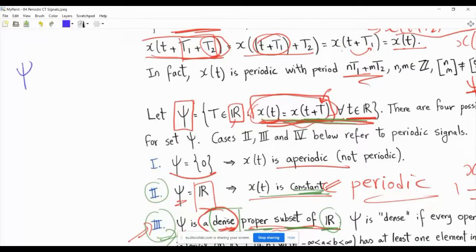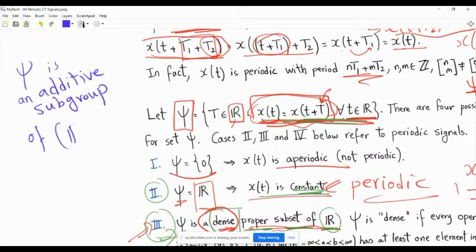The set psi is an additive subgroup of the group of real numbers with the plus operation. What is this? So psi, of course, is a subset of R because you define it to include values from R. That's the reason you use subgroup. It's a subset of R.